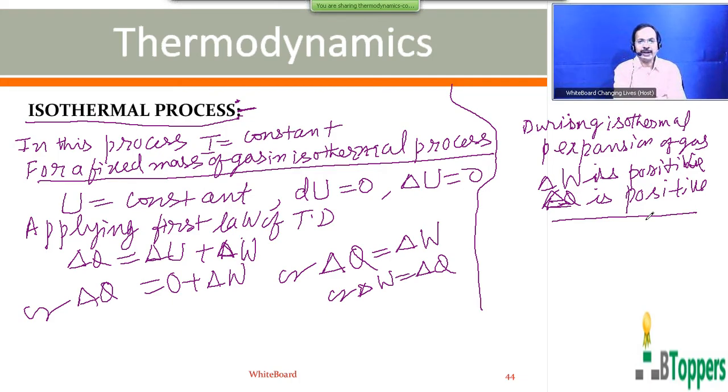The expansion can be called isothermal only when exactly the same amount of heat, 400 joules, flows into the gas from surroundings, which is possible when the gas is contained in a vessel with perfectly conducting walls. So to carry out isothermal expansion or compression of a gas, the walls of the vessel containing the gas must be perfectly conducting, so that the gas is in perfect thermal contact with the surroundings.